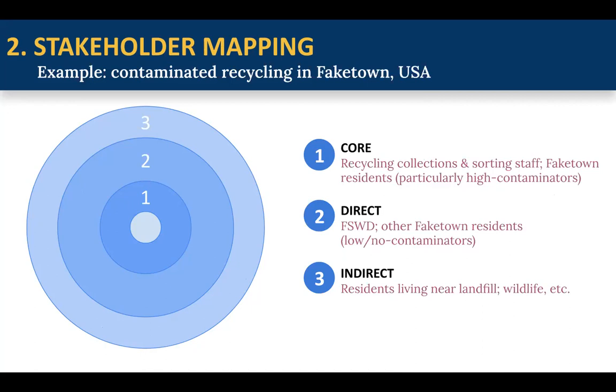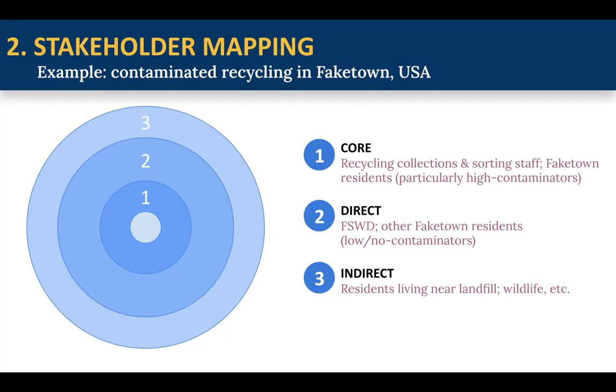And so taking our example of Fagtown, and this is not an exhaustive list, core stakeholders might be the recycling collections and sorting staff, the Fagtown residents, especially those who are the high contaminators, right? So we need to know what's going on with high contaminators.